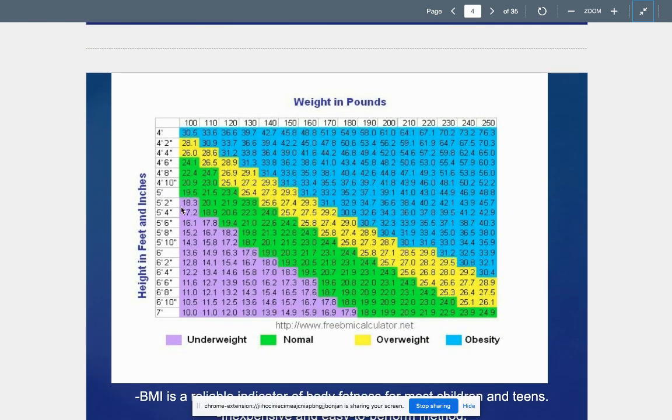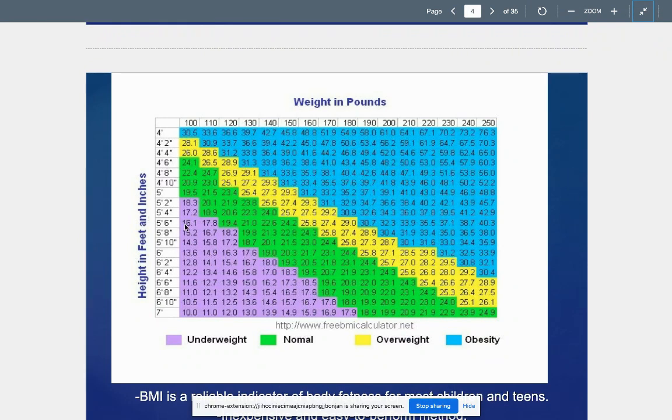So looking at weight in pounds, you're going to want to really look at this chart either in this video, pause it, or go back into the PowerPoint that I post after you look at this lesson.